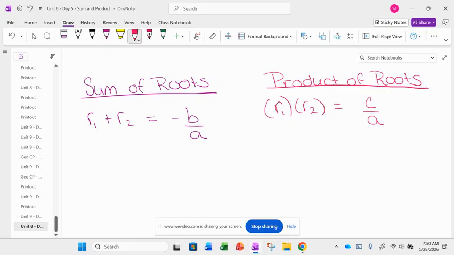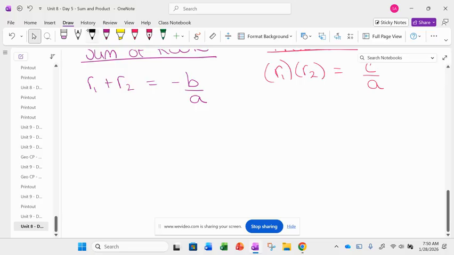Okay, so how would we use something like this? Let's jump right into an example.